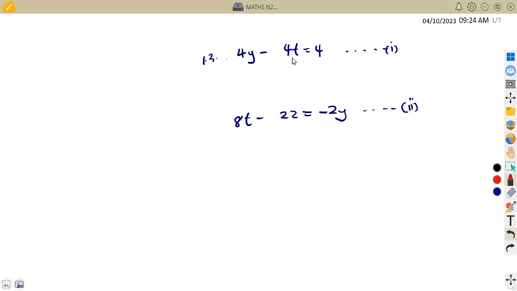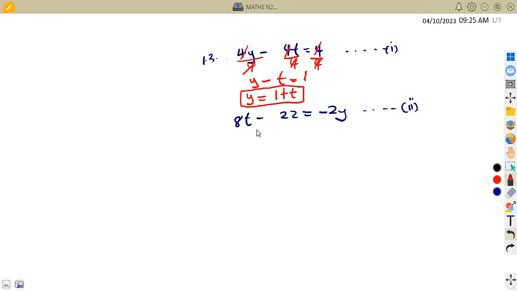If you reduce this by 4, this is going to be y minus t is equal to 1. You can even make y the subject: y is equal to, if I transpose minus t to the other side of the equation, a plus t. So it's going to be 1 plus t. So this is what I'm going to obtain from equation 1.